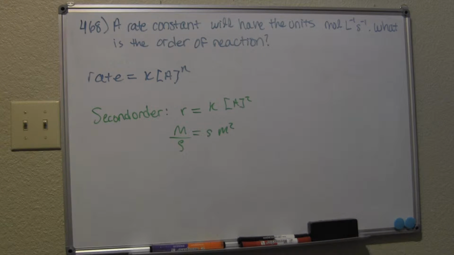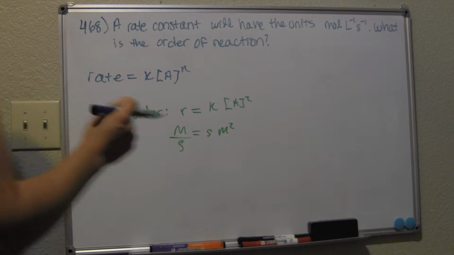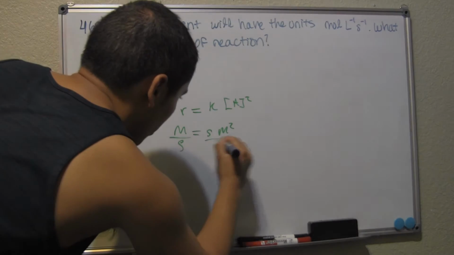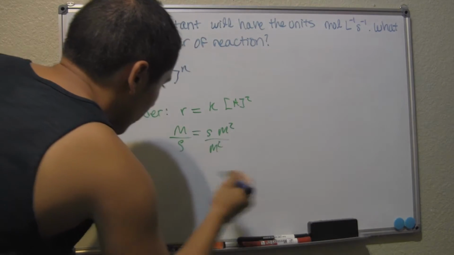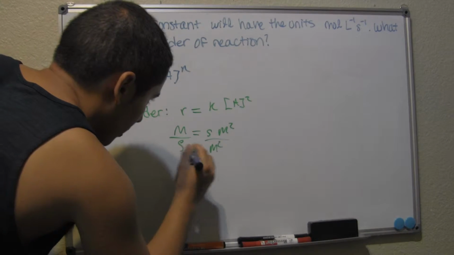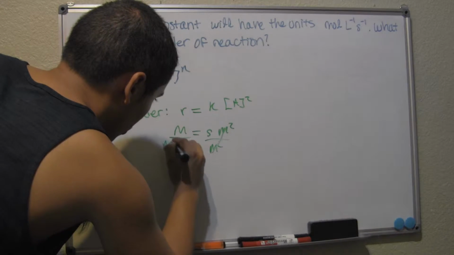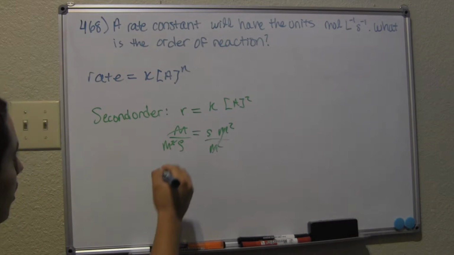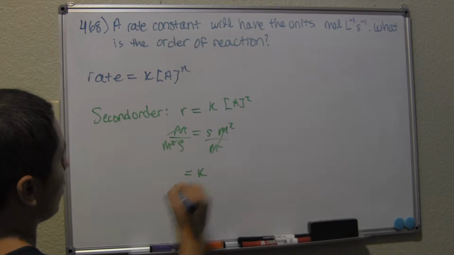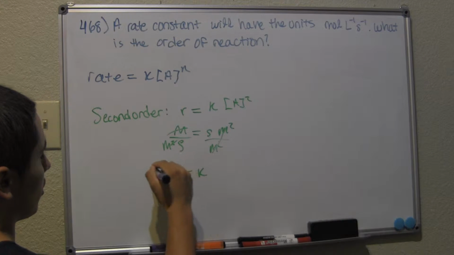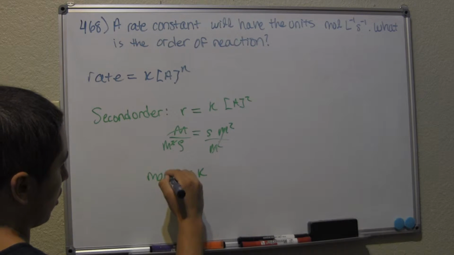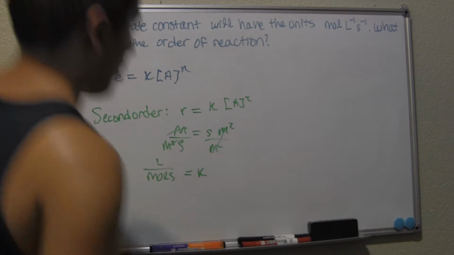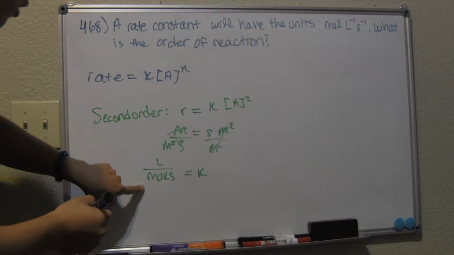We divide by molars squared on both sides, so the molars squared cancels, and you end up with K equal to liters per mole per second. That's for second order.